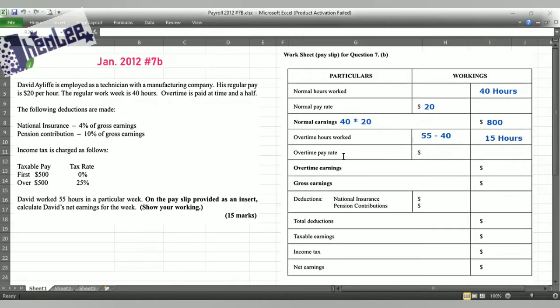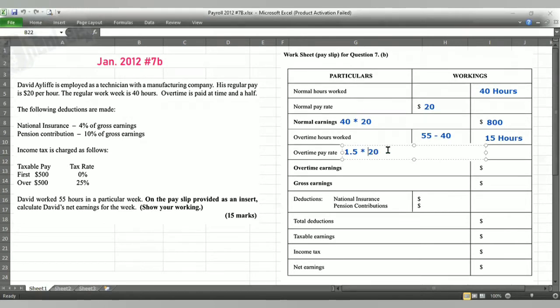Overtime pay rate, that is the pay that the person gets for working each overtime hour. And remember, the question stated that overtime is paid at time and a half. So in our calculation, time and a half is 1.5, and we're going to multiply that by the normal pay rate of $20 to get the overtime pay rate.